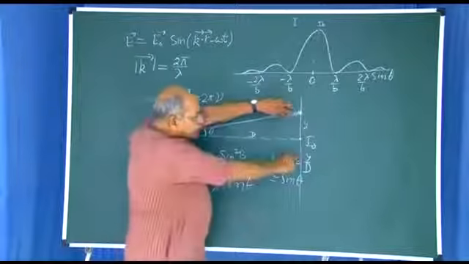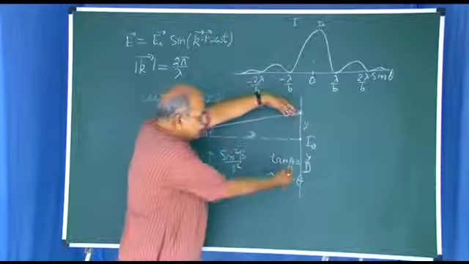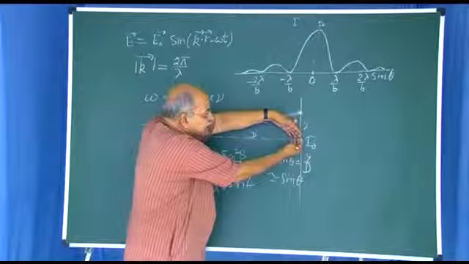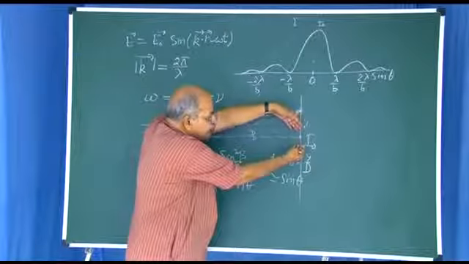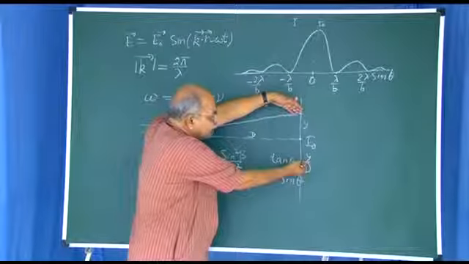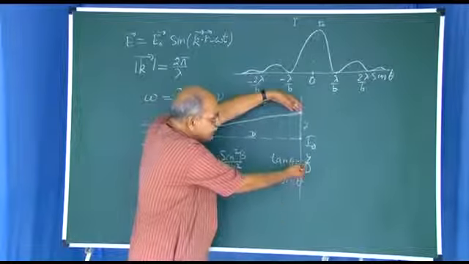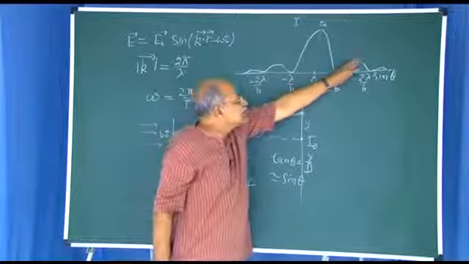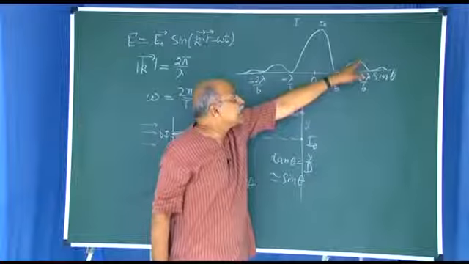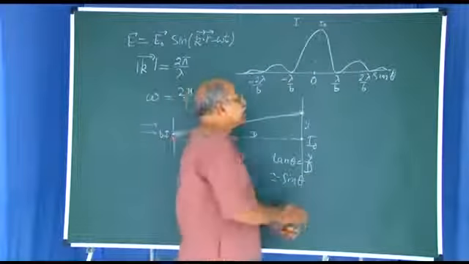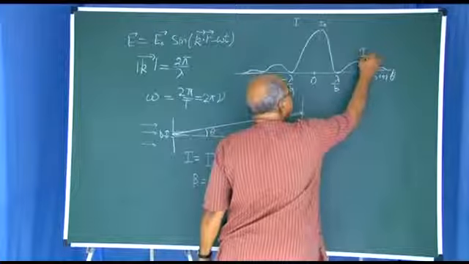So, from that place to that place, you will have a bright band, with maximum intensity at the center. The intensity will decrease and become 0 somewhere here. After that it increases again according to this figure, and becomes a maximum. Of course, not that strong a maximum; it is I naught here, and this is almost I naught by 22 or so.